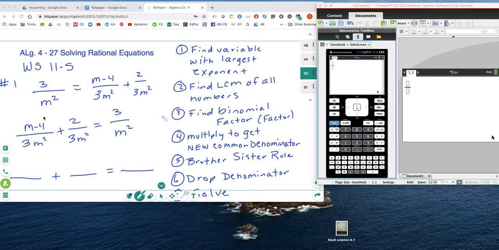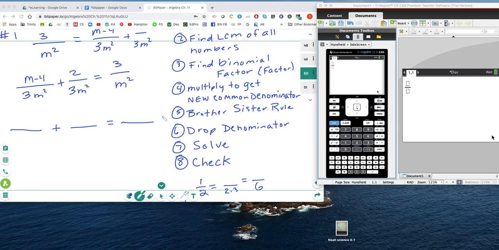You'll notice that on the first one, this is m squared, m squared, m squared. Same thing where we wrote it symmetrical. So that means we're going to use m squared, m squared, m squared.